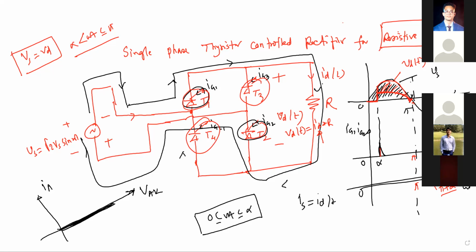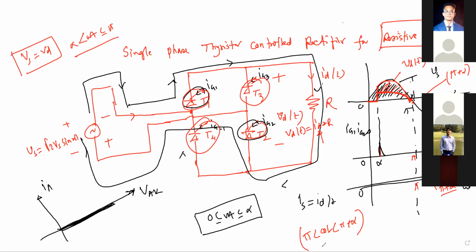Then T3 and T4 will be conducting. So between pi to pi plus alpha, this point is pi plus alpha, no thyristor is conducting, right? Am I correct or not? Yes, sir.